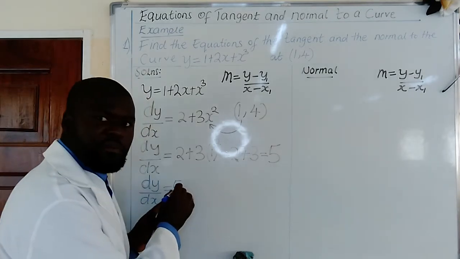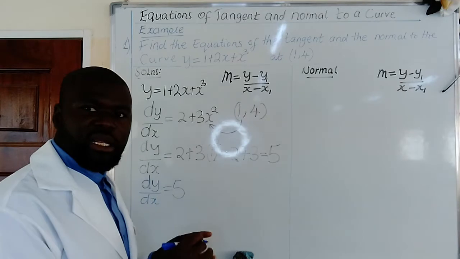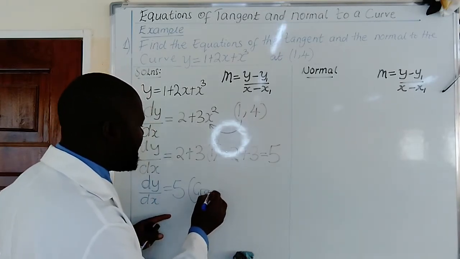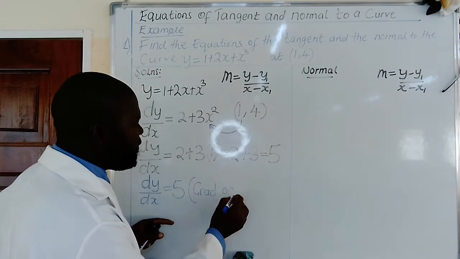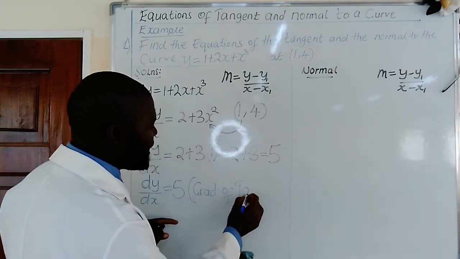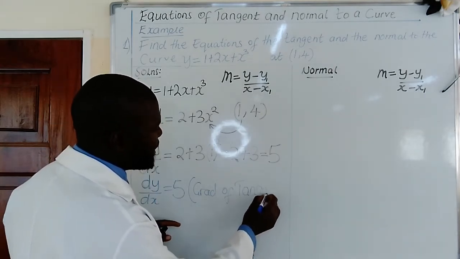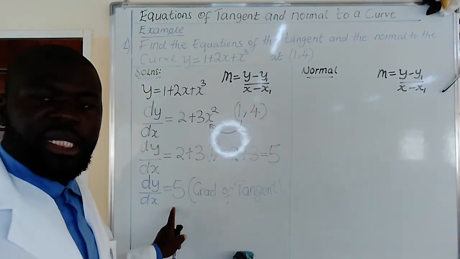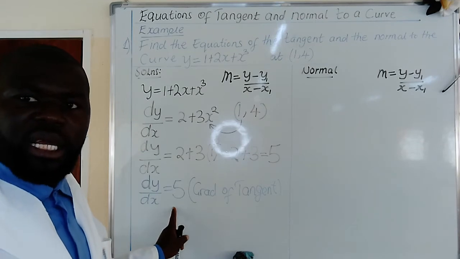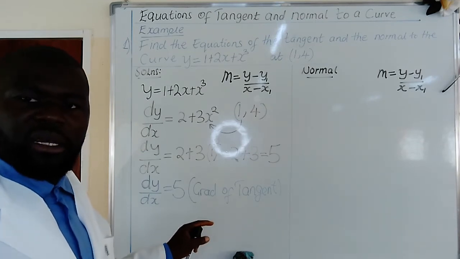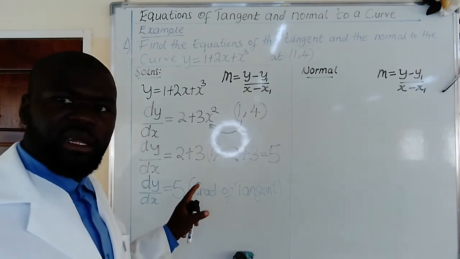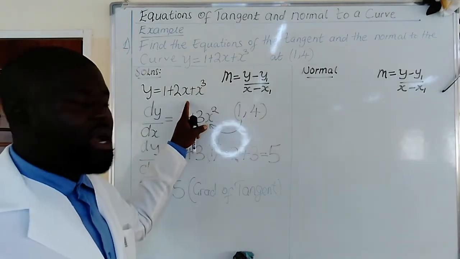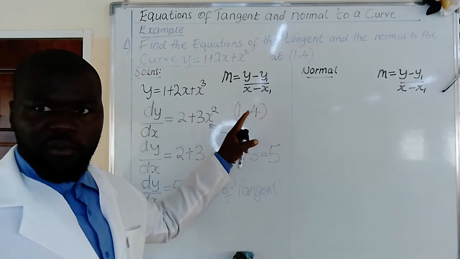So this 5 is the gradient. This 5 as our dy dx is the gradient of the tangent to this curve at 1, 4.